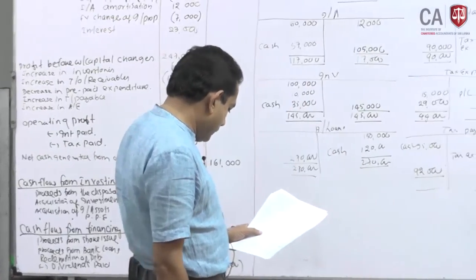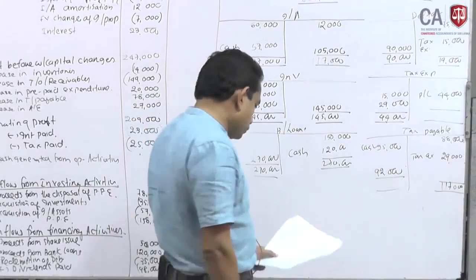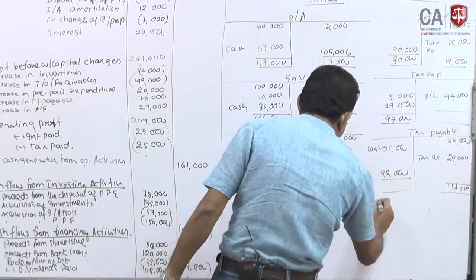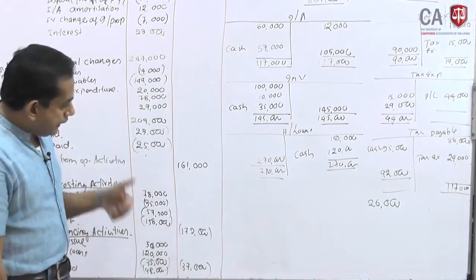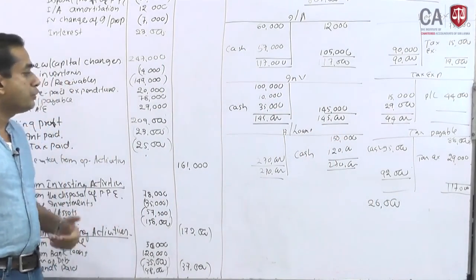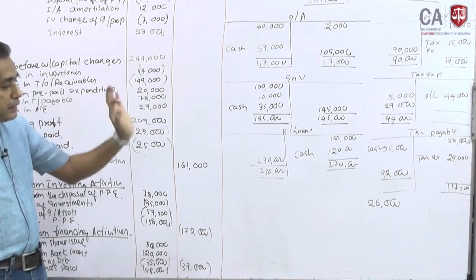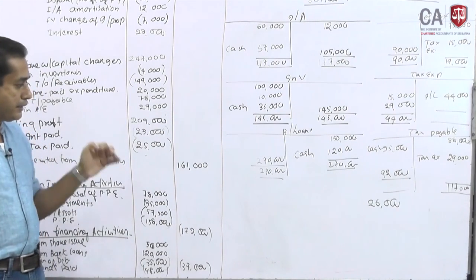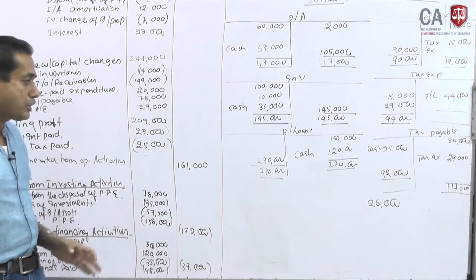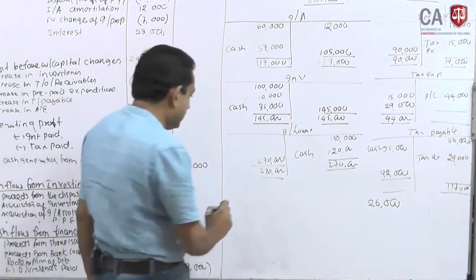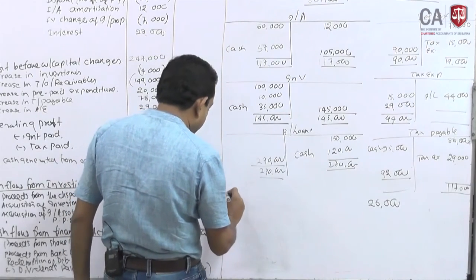Grand total should be 26,000 plus balance. What does it say? The entire cash inflows during the year have been higher by 26,000 than the cash outflows. So we generated a surplus cash balance of 26,000 during the year. Here, see how it is worded.